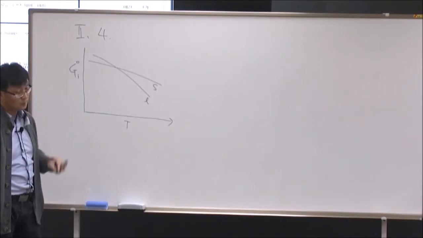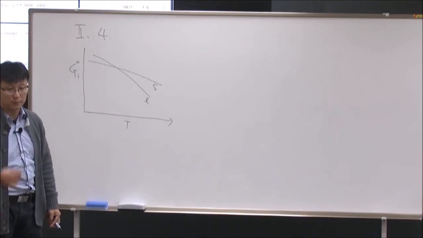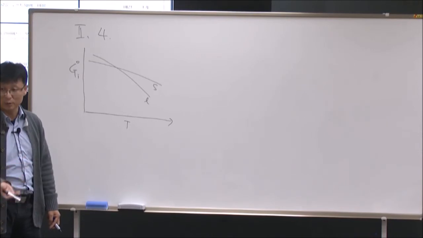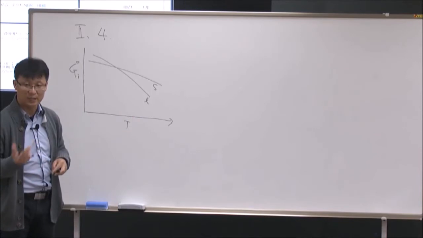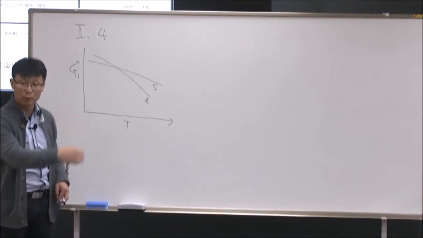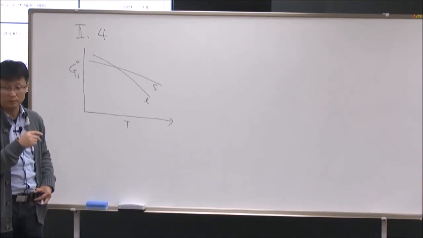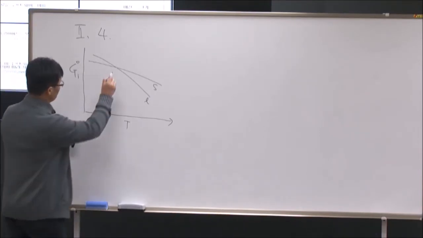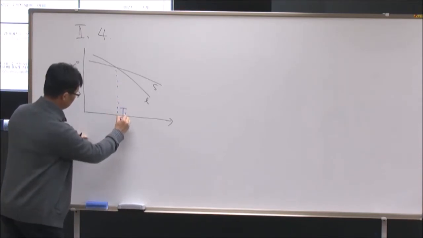Okay. So the slope of liquid is steeper than the slope of solid because slope is related to the entropy, minus entropy basically, and the entropy of liquid is higher, so that's why the slope is more negative for the liquid phase than the solid phase. Okay? So we have learned this one. And now let's look at this point at melting temperature.